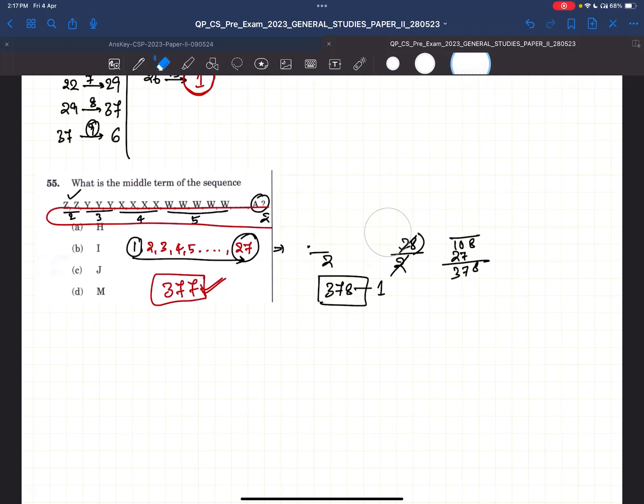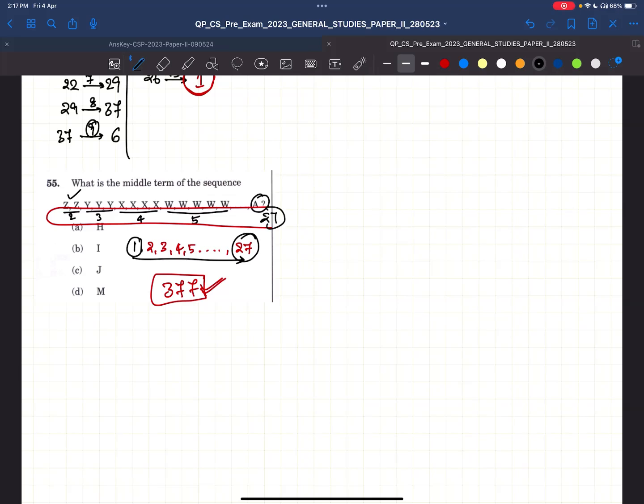I'm erasing it. This is 27. We need to find the middle term. What is the middle term? 376 is the exact half value. 377 is the total number of terms. We need to find the middle term.